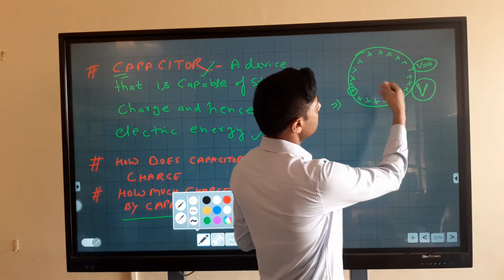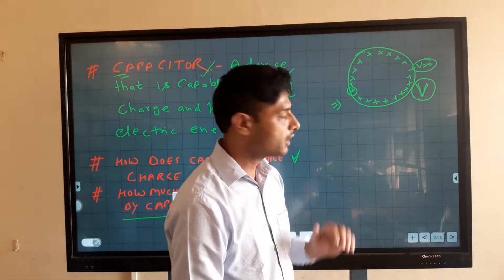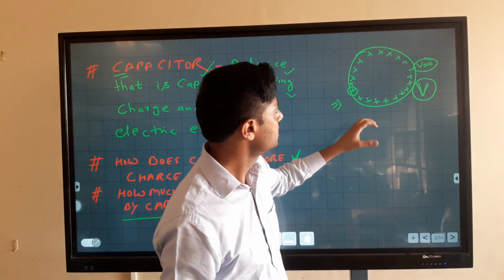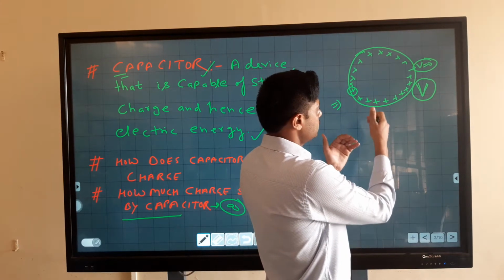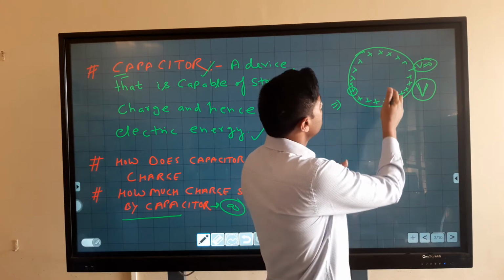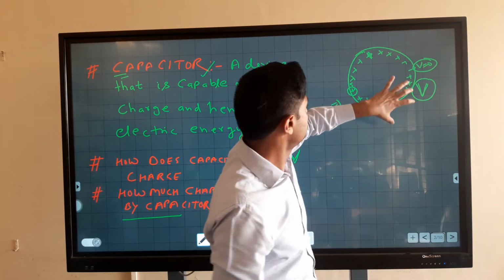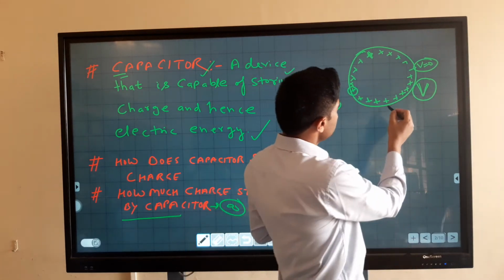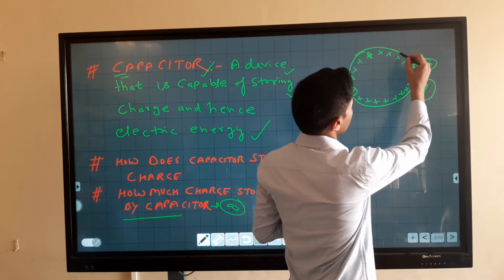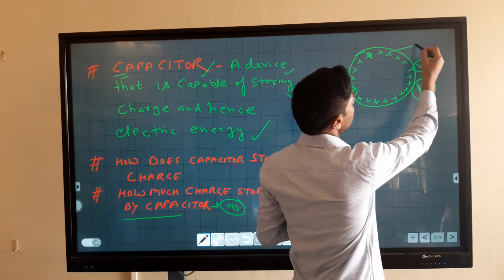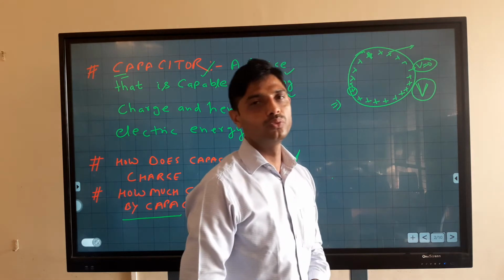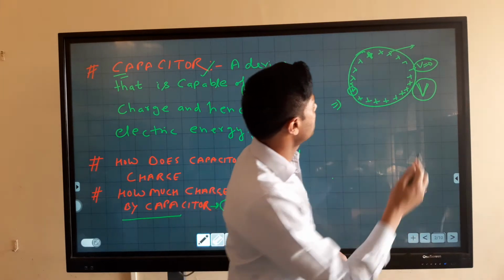Because when we start transferring charge to this sphere, the sphere gets charged and electric field lines start to emerge from this sphere.